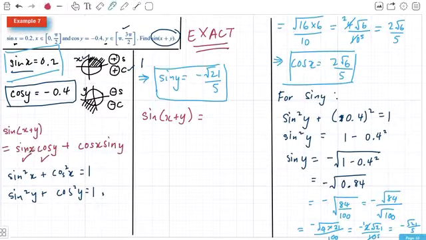So let's put everything in. Sine of x is 0.2 times cos of y, which is negative 0.4, plus cos of x, 2 root 6 over 5, times sine of y, which is negative root 21 over 5.